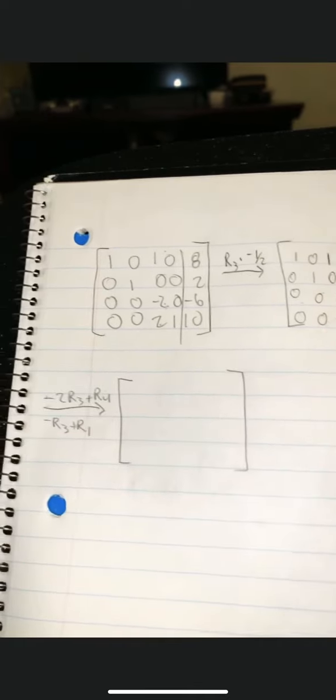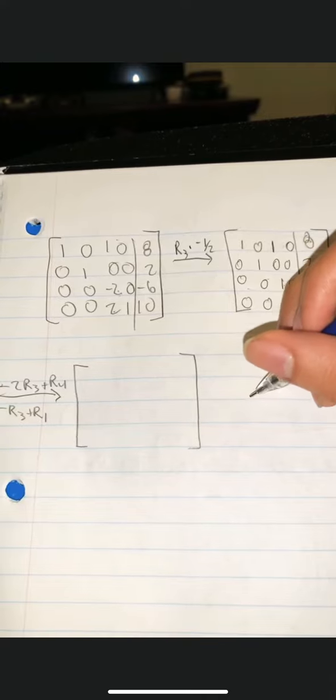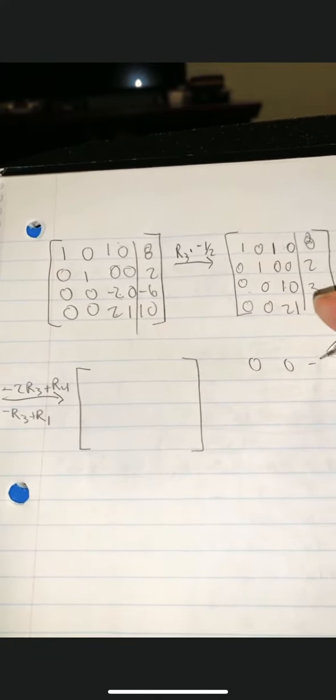So first, we'll be doing negative 2 times row 3, so that'll look like this: 0, 0, negative 2, 0, negative 6, so this is negative 2 row 3, and then row 4, we'll be adding it.